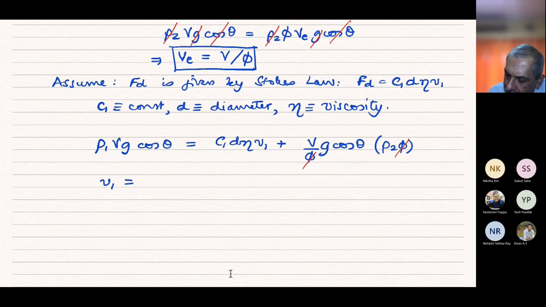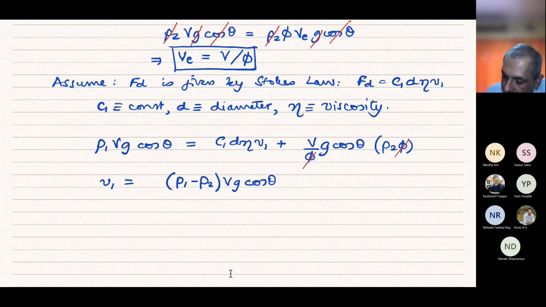It is equal to rho1 minus rho2 times V into g cos theta divided by C1 into d into eta.